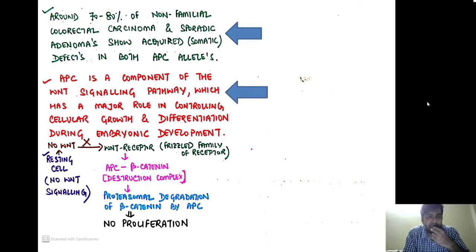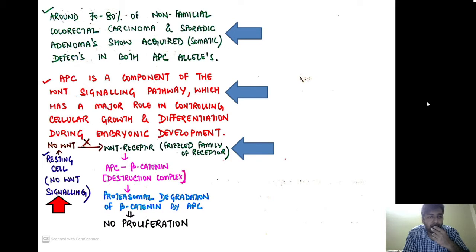Remember, APC is a component of the WNT signaling pathway, which has a major role in controlling cellular growth and differentiation during embryonic development. In the resting cell, when there is no WNT signaling, no WNT molecule is binding with the WNT receptor.